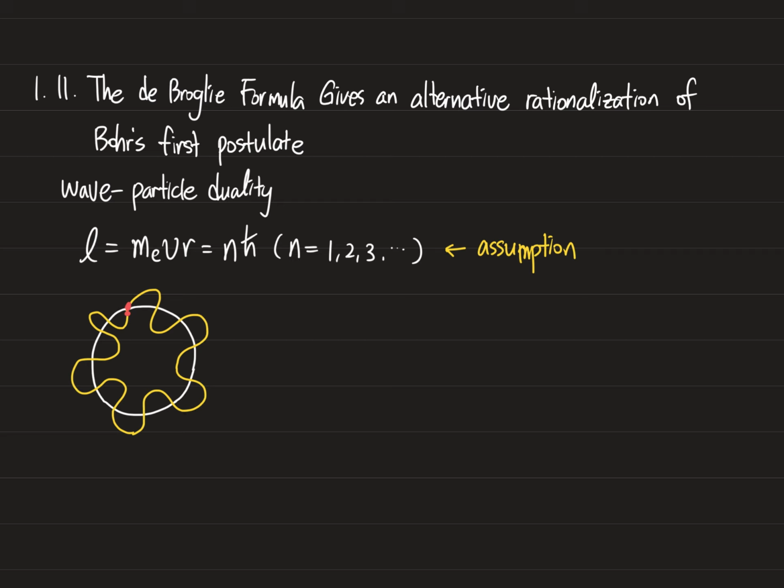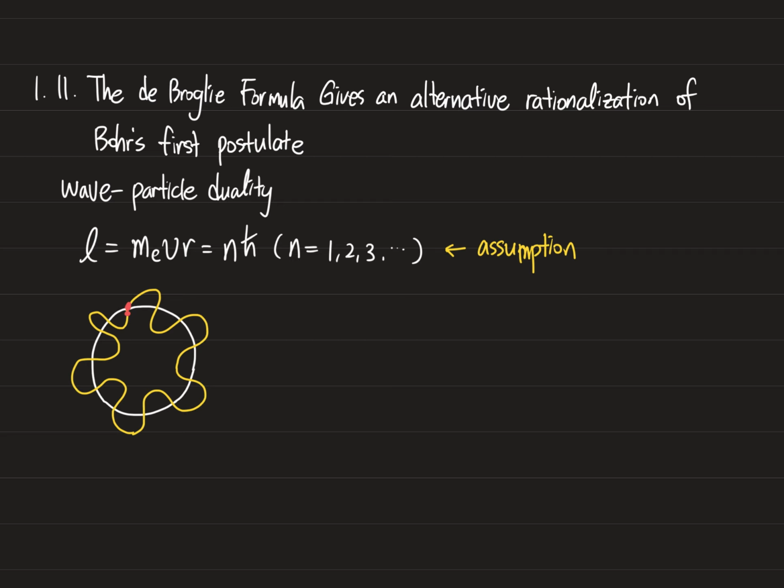So what happens if there is a mismatch between the starting and the end point? That means the electron's wave interferes with itself, and finally it diverges or decays out, which physically doesn't make sense.